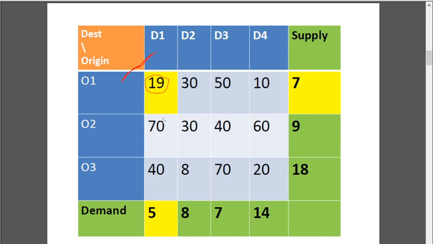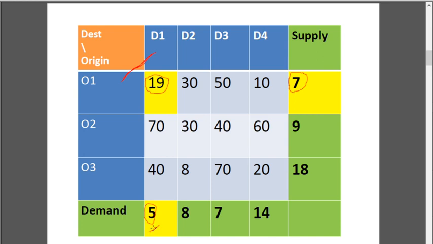Now, for this northwest cell, the supply available at origin 1 is 7 and the demand required at destination 1 is 5. So, out of these 7 units, I can satisfy the demand.